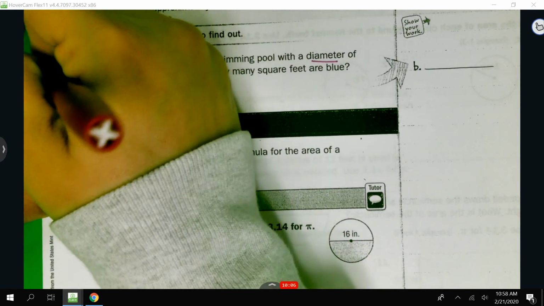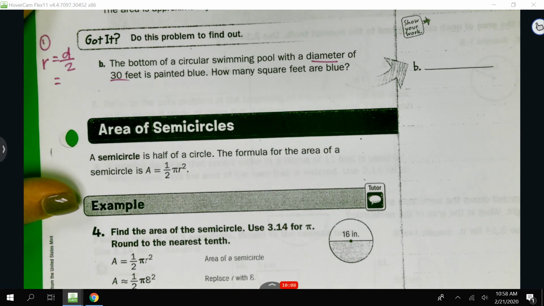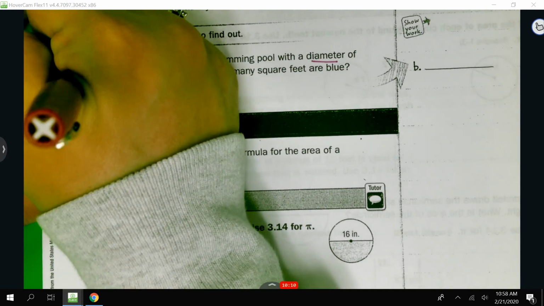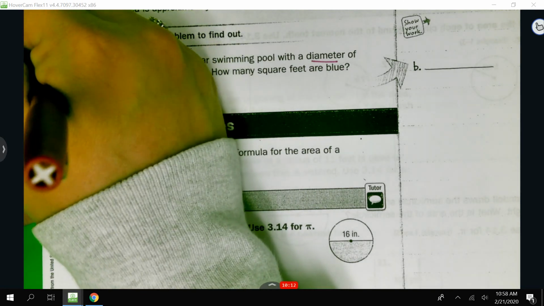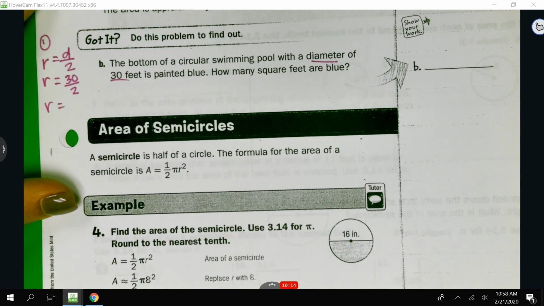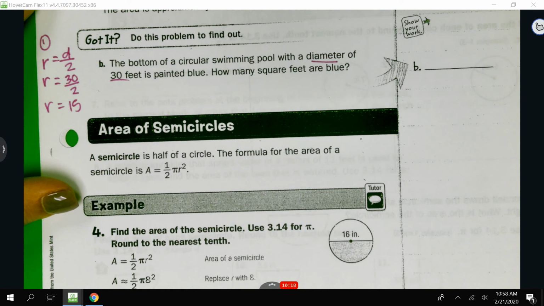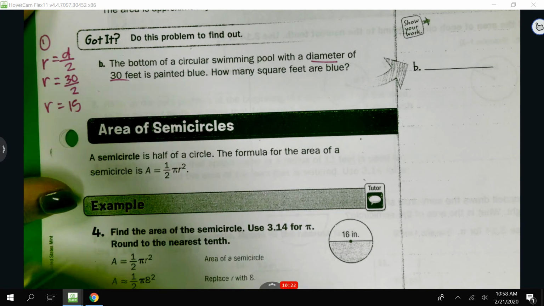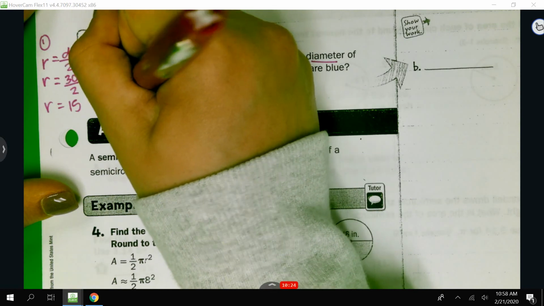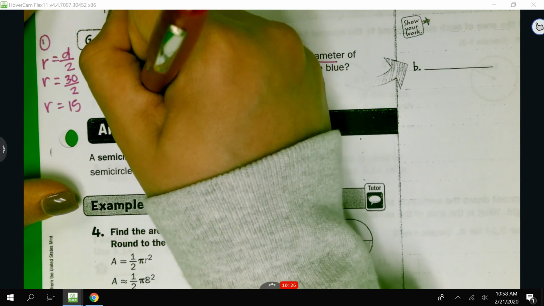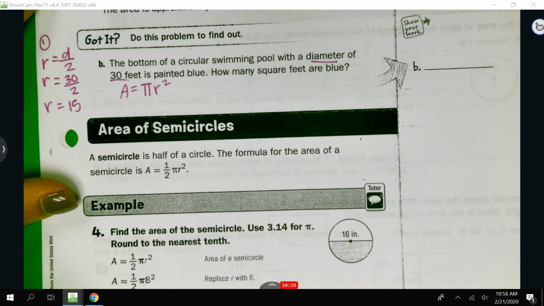D is 30. So 30 divided by 2. What is your radius? 15. So now can I find area? So we've got pi r squared.